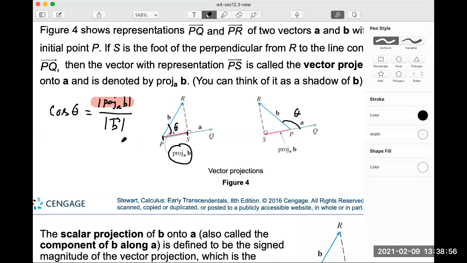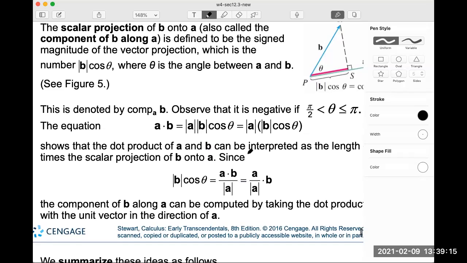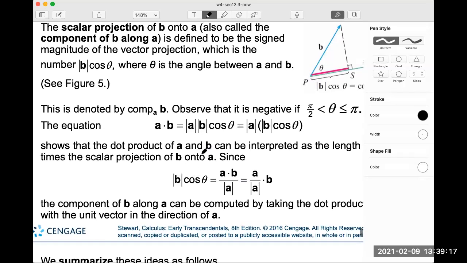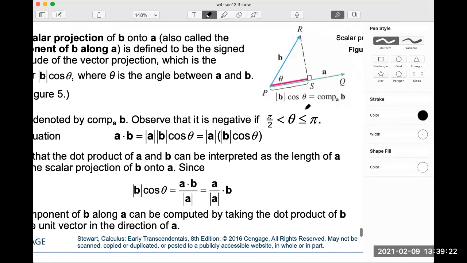Square root of B1 square plus B2 square plus B3 square. And if vector A and vector B are given, can we compute the cosine of the angle here? We can. So therefore, we can compute the scalar projection of vector B on A easily using this relation, okay?